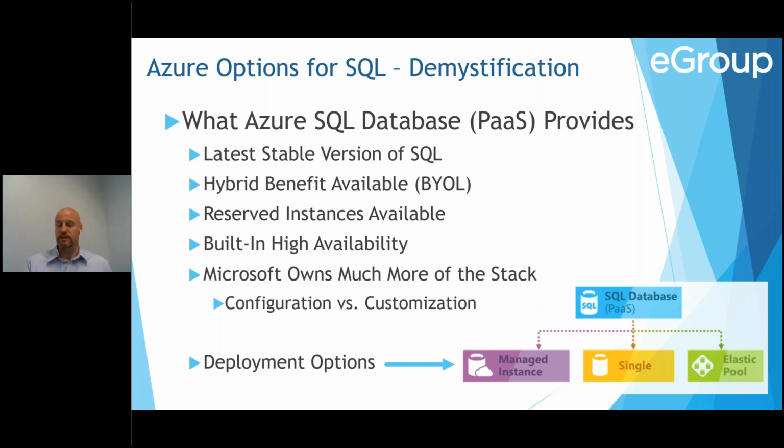You have built-in high availability and backups. For the different deployment options, you do have some retention and backup options, but the high availability is taken care of. And honestly, Microsoft needs to do this because as they're doing server patches or SQL patches, all of that is hidden from you. And that means increased uptime.